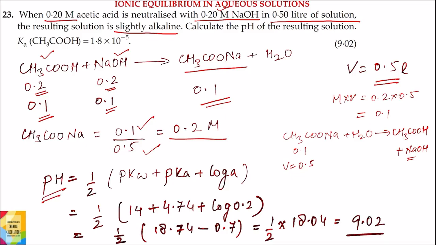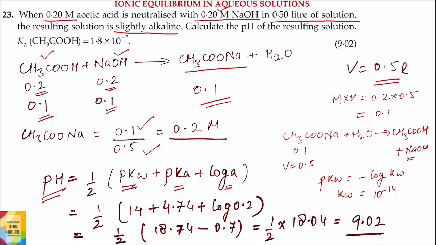The formula for pH is half in brackets pKw plus pKa plus log of the salt concentration. What is pKw? pKw is minus log Kw, and the Kw value is 10 to the power minus 14.